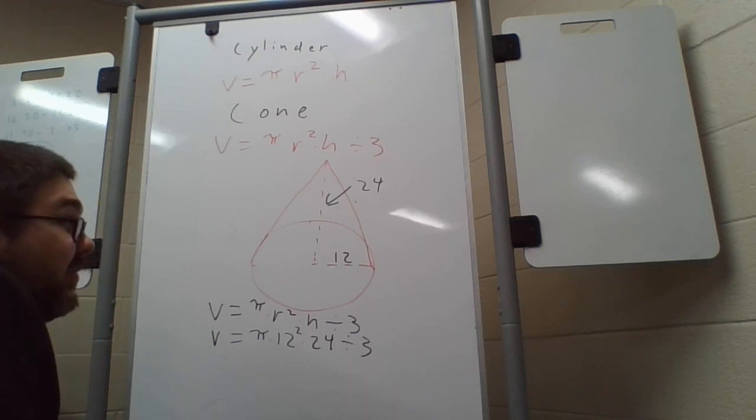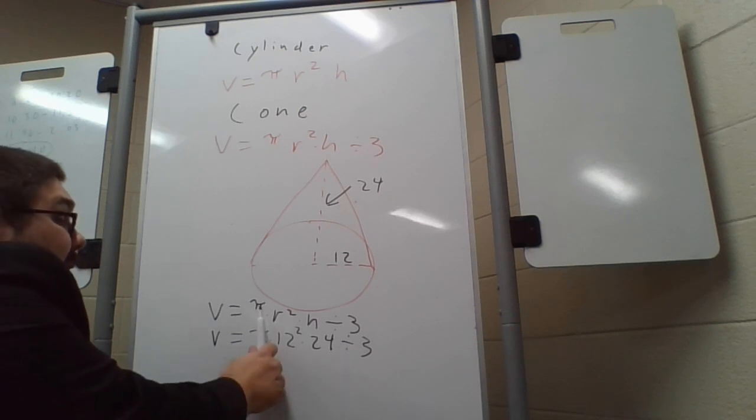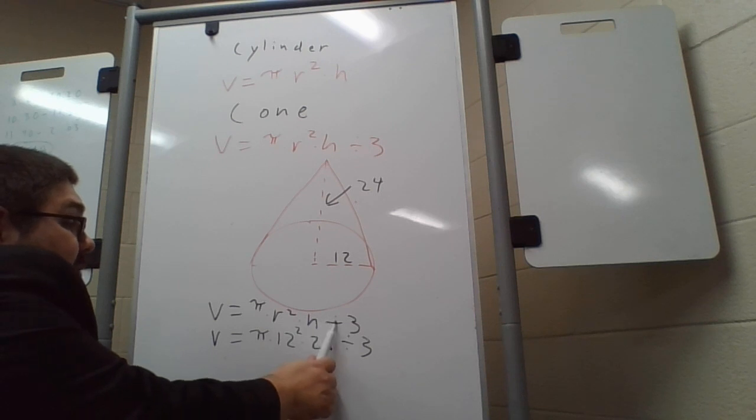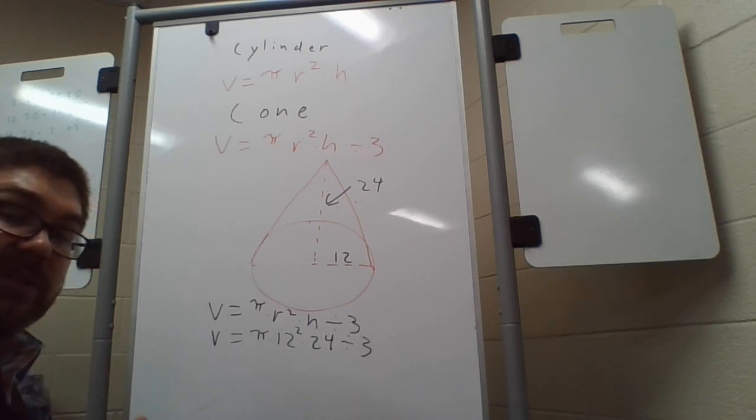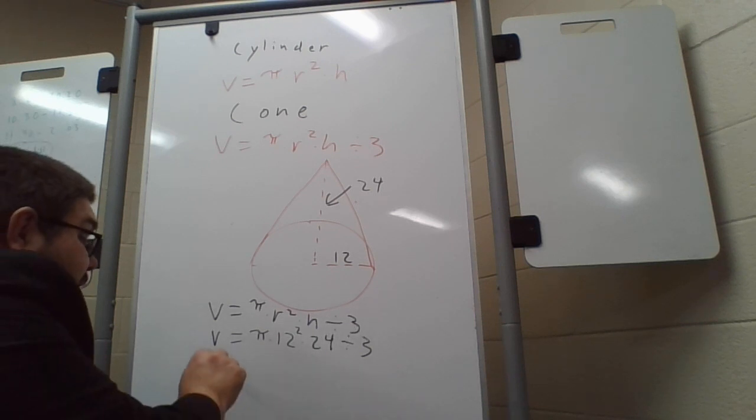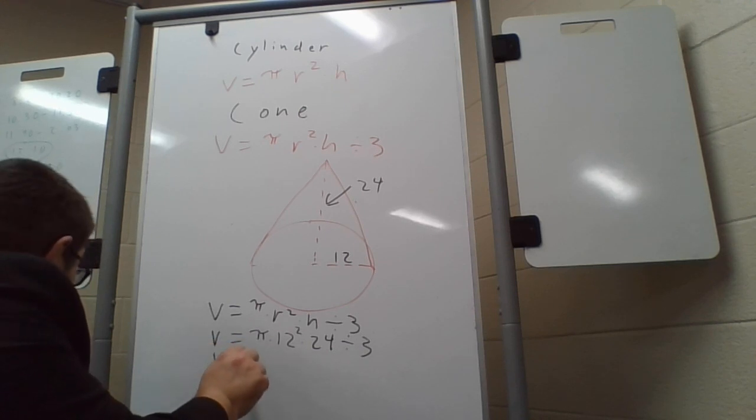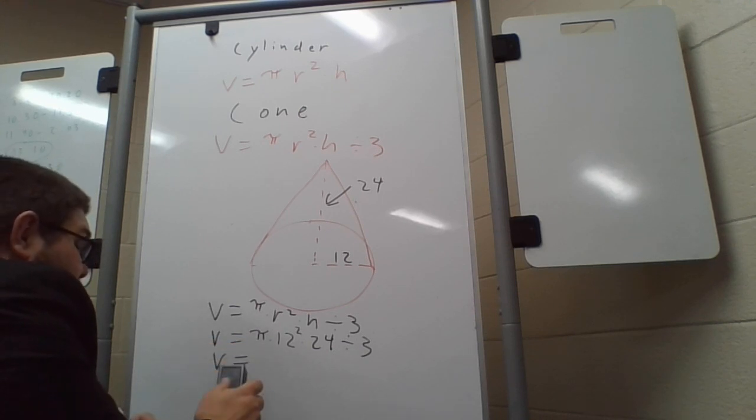Anyway, for this video, what's important when you're doing a cone, pi times radius squared times height divided by 3. It's important to remember to divide by 3. When you do that, let me put it in.